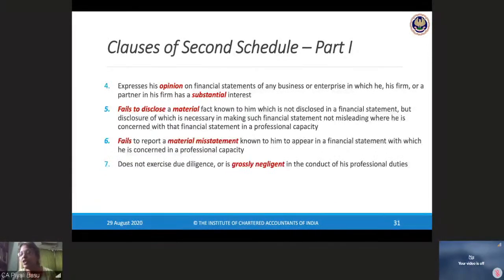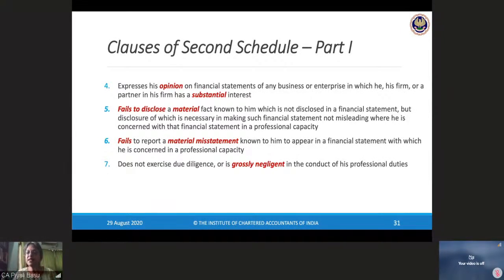In a bank, it's a favorite thing for an auditor, an example I can give, that an asset which has become an NPA is not disclosed as an NPA, and naturally the provision is not made. Will it come under 5 or 6? Clearly under 6, because it is misstated. They are showing it as a good asset, so my asset is inflated.